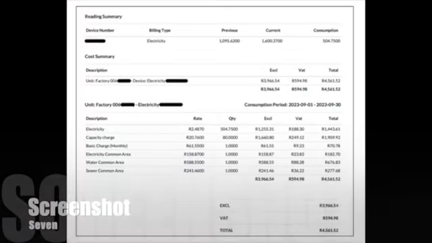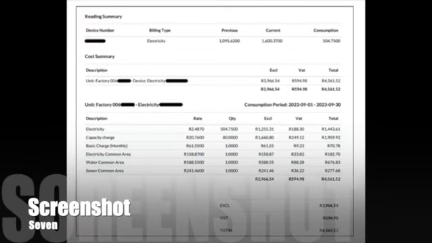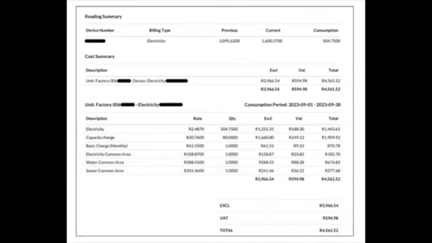If I go and show you another screenshot, this in real terms is what your bill should look like. So you should have an opening and closing reading, electricity, capacity charge, basic charge. If you were maybe part of a sectional title complex, there will be a common area, water common area, and sewer common area reflected on it as well.